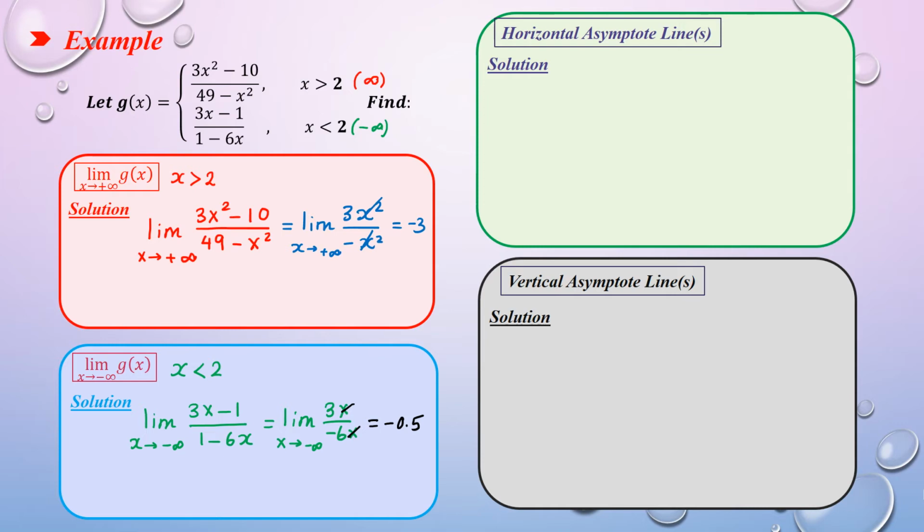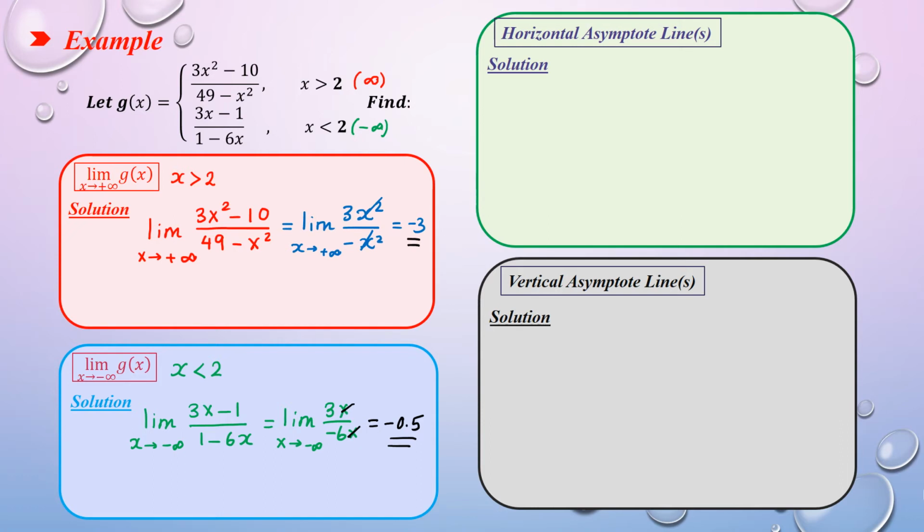So now in part 3, you have to find the horizontal asymptote lines. So you have to find limit g of x when x goes to infinity and x goes to negative infinity. And we found them in the first part and the second part. So we have negative 3 and we have negative 0.5.